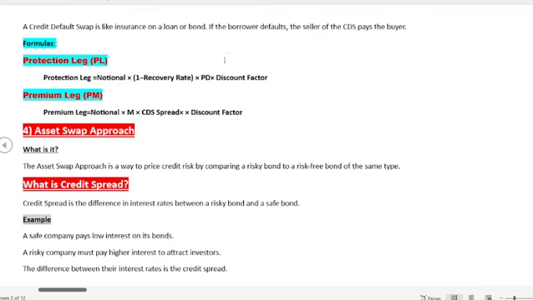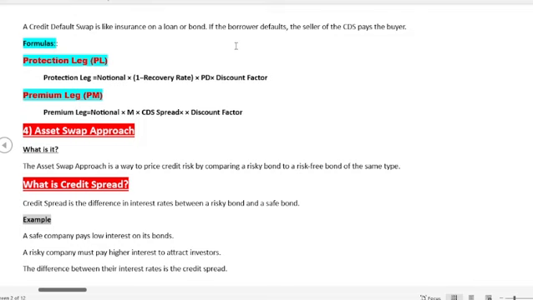Take three people: A, B, and C. A is you, B is the one you buy a loan or a bond from, and C is the seller, or the protector.